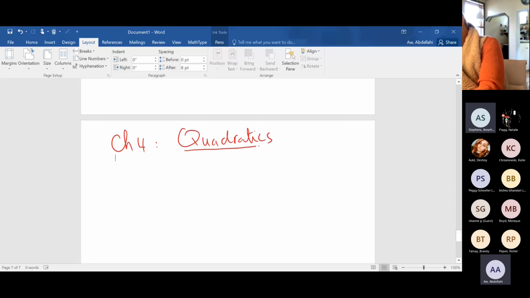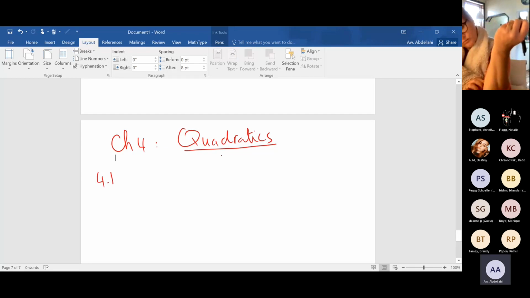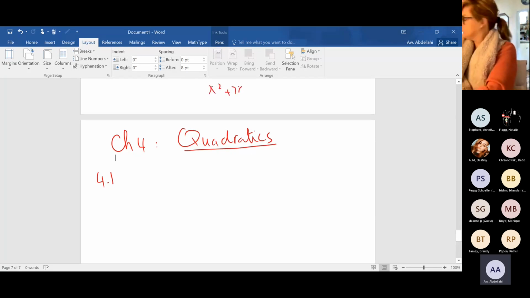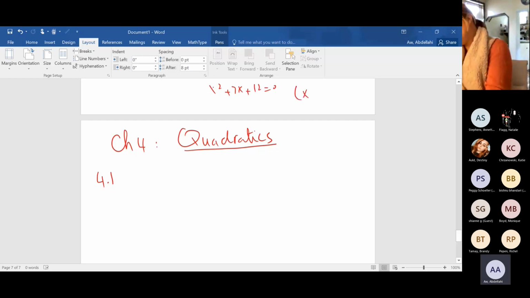So how to solve quadratic equations by different methods, right? The only method we knew, for instance, you have x squared plus 7x plus 12 equals 0, is to factor: x plus 3, x plus 4, equals 0, and then you proceed, right? Now we're going to see some other methods.